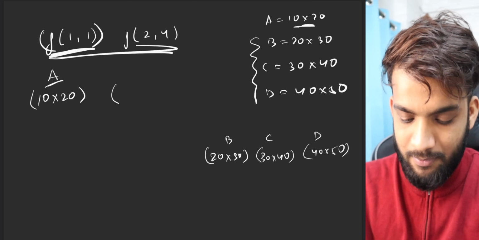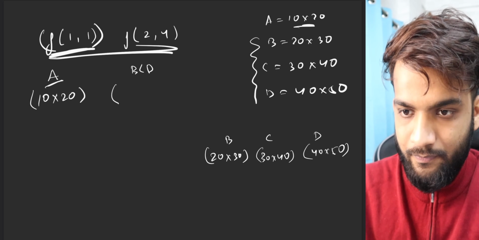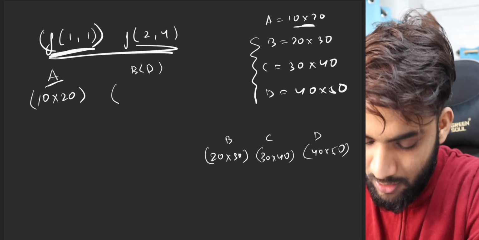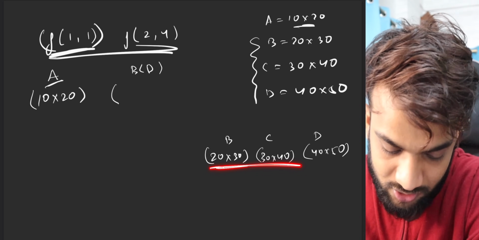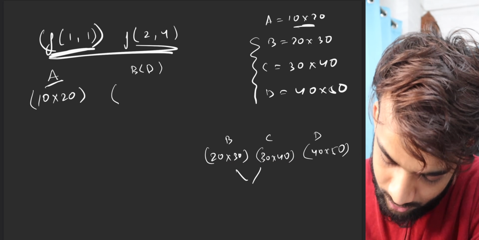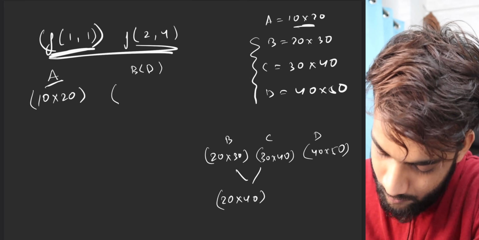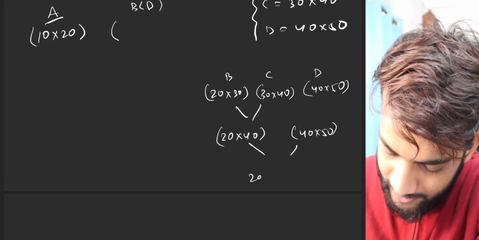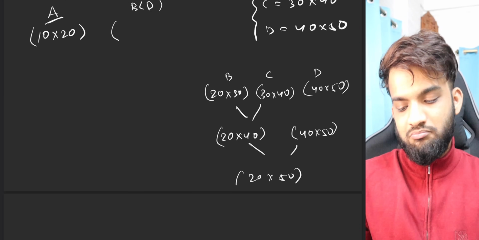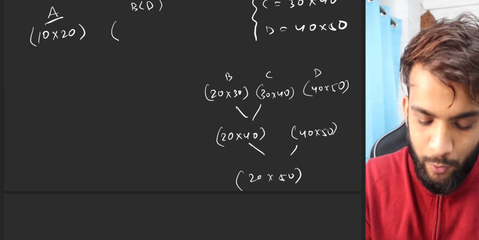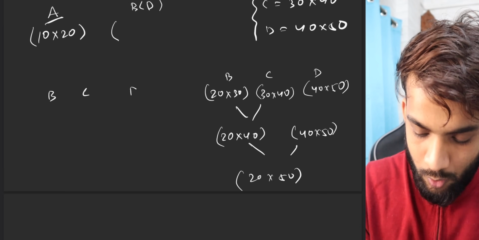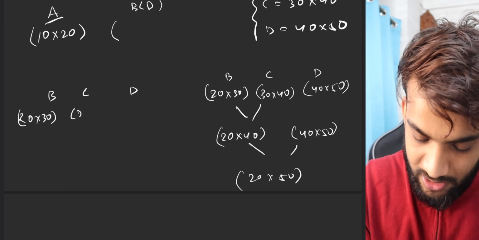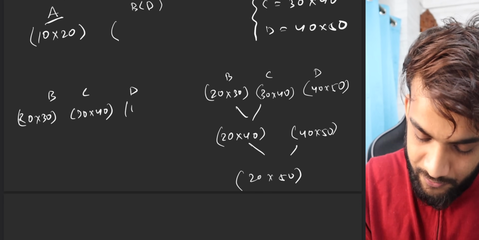And can I say, if you're multiplying BCD, at the end of the day, what will be the resultant matrix? If you multiply B with C, you get 20 cross 40, and then with D, you get 20 cross 50.